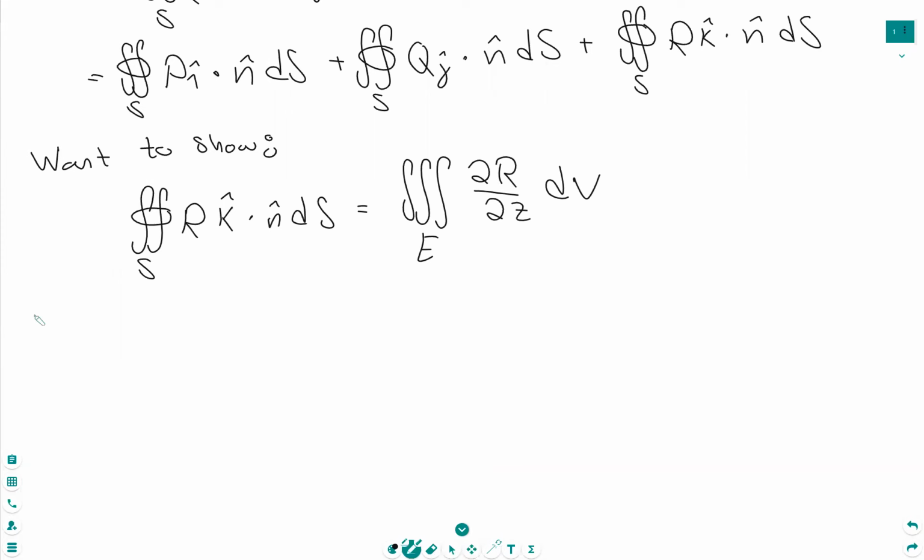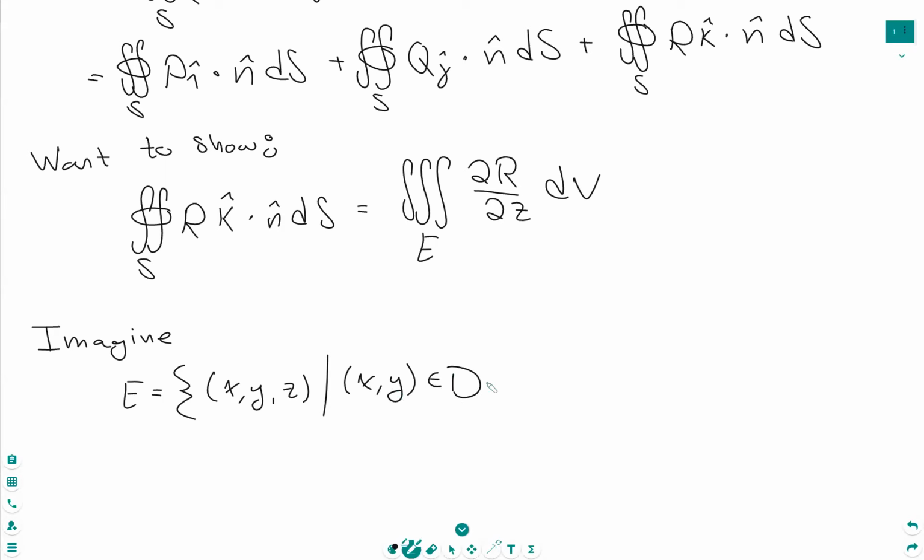Okay, so how do we do this? Imagine that the region E can be described as the set of all points where x and y are in some domain D, and we have that z is bounded by some functions of x and y, u1 and u2.